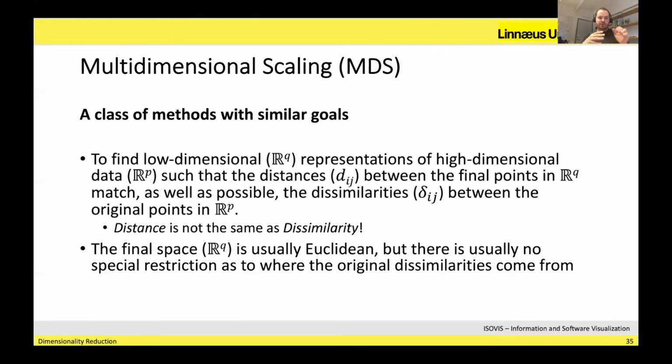So basically what we want is to have this low dimensional representation, and it's okay if we lose some of the information from the original space, as long as if we take two different points in the low dimensional representation, their distances are equivalent to their distances in the original data set.